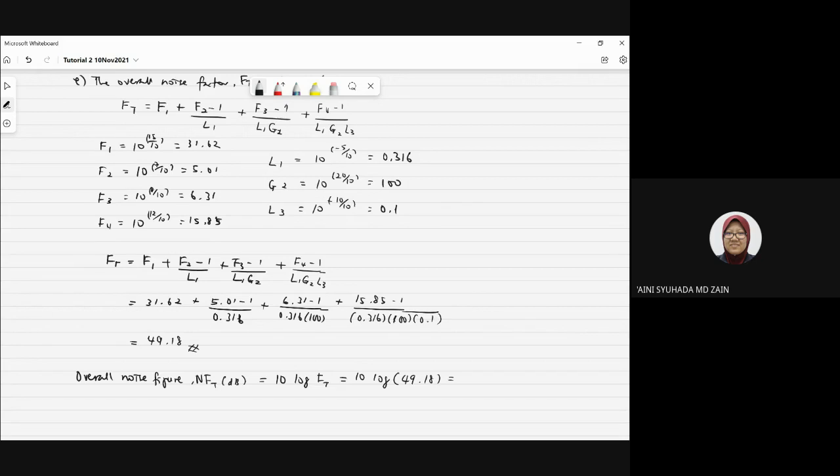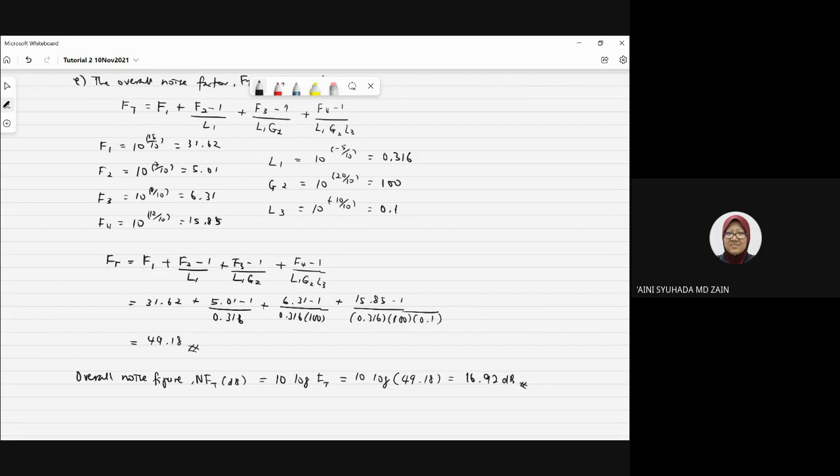So we'll get the value in dB. It's about 16.92 dB.